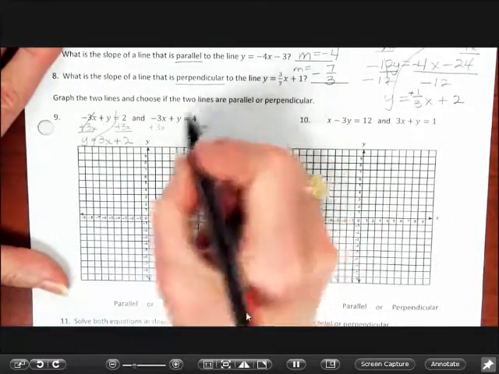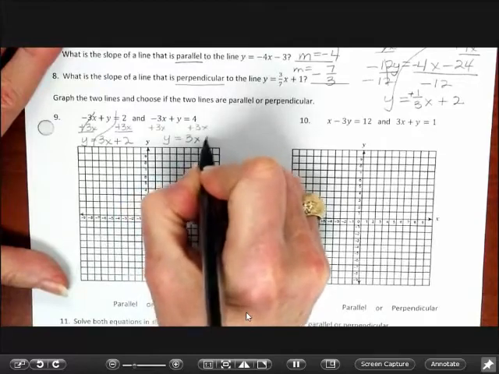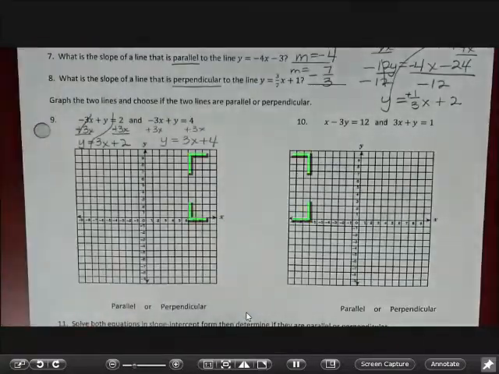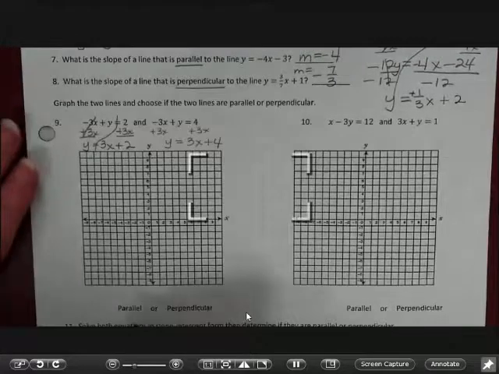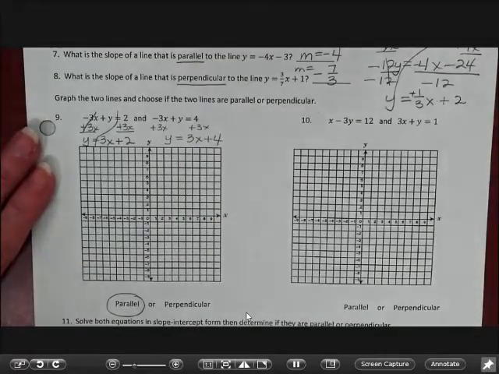Now, I will tell you at the point that you do this and you rewrite your lines, hopefully you can automatically start thinking about whether your lines are going to be parallel or perpendicular. Anytime you can make that decision before you start graphing, it helps you get the graph done more easily and with fewer mistakes. So on this first one, number 9, what do you notice about the slopes? They're the same, so they're going to be parallel. As you're graphing it, you should be thinking about your lines going the same direction on your graph.